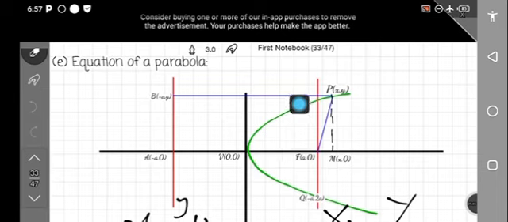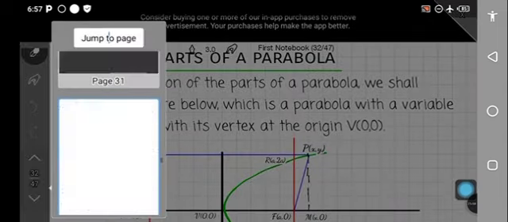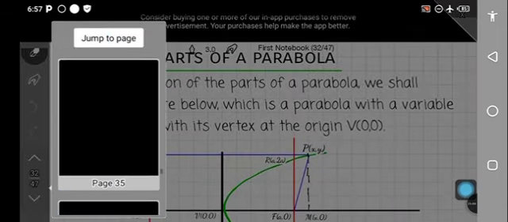We know it passes through a and minus a, but we can determine the y coordinates and then find the length. So going back to that page.